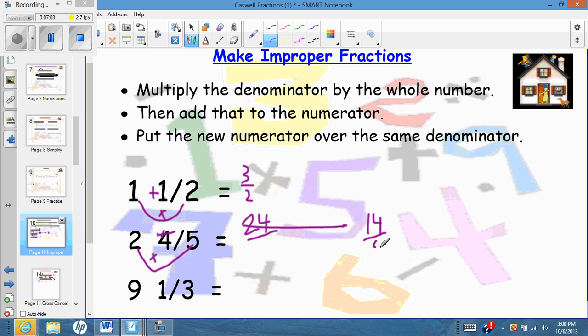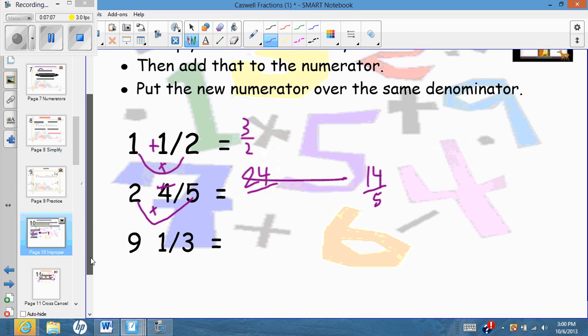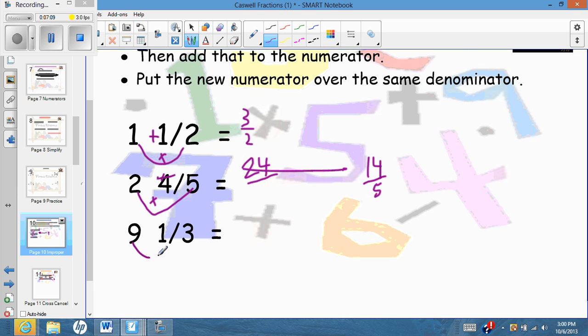I was just checking to see if you were paying attention. And our last one, 9 times 3. We have 27. We add 1, and we get 28. 28 over 3.